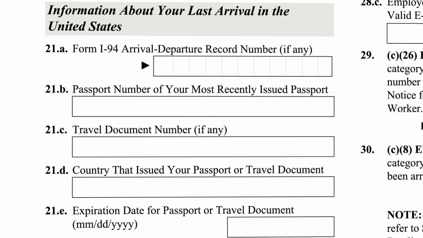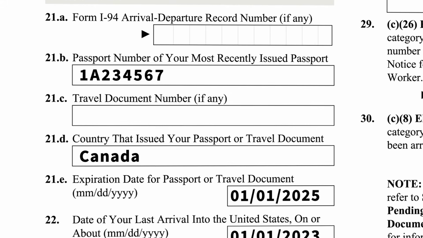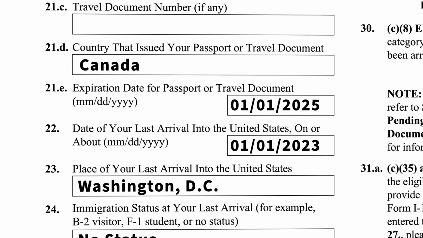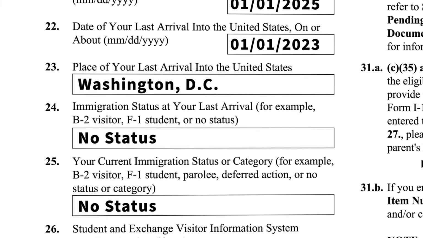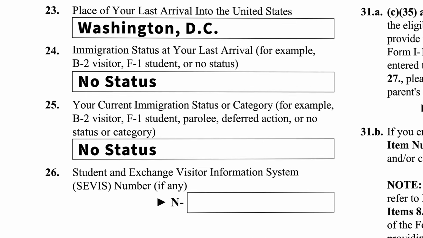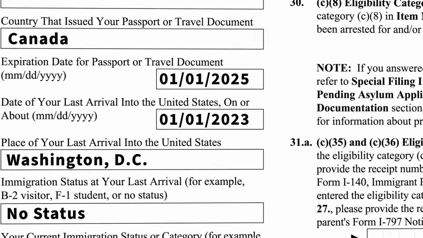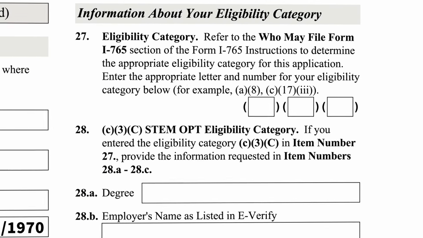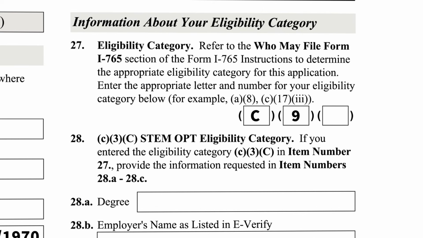In this section, enter the dates and document numbers from your Form I-94 arrival document, passport, or other travel documents. You must provide a valid eligibility category in this part of the form, or your application may have to be rejected.